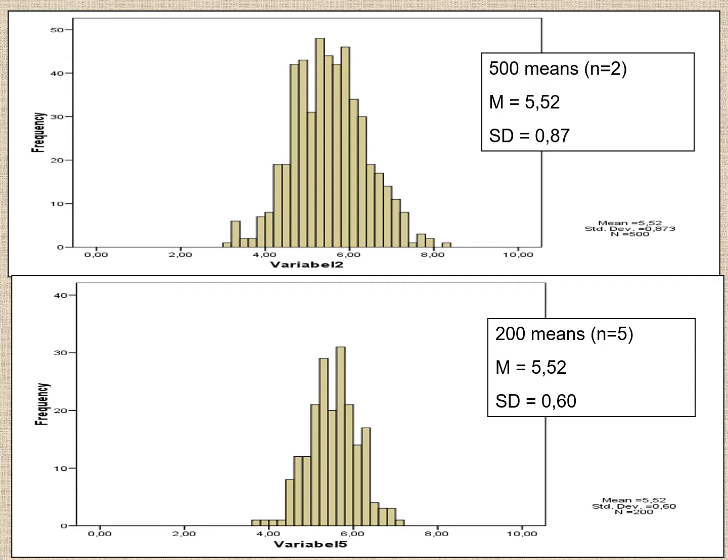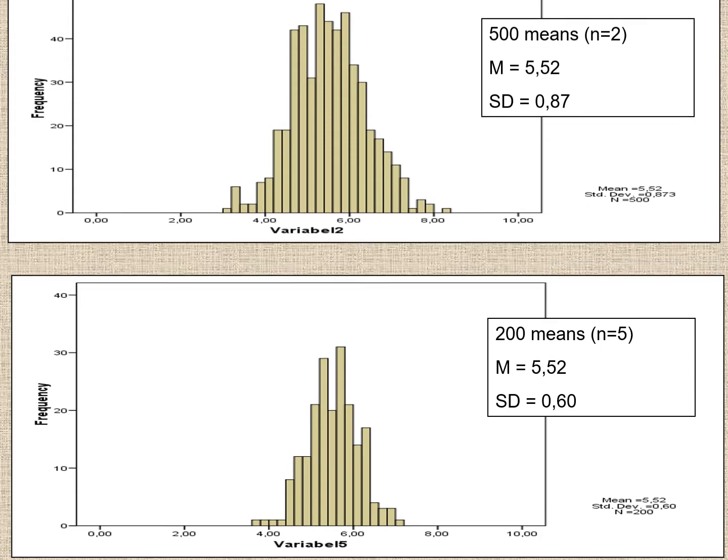And what do we see here? Well, the mean of those sample means is still the same as for the individual values, 5.52, but we get even larger shrinkage towards the mean. So we get an even peakier distribution with an even smaller standard deviation. In this case, the standard deviation of these 200 sample means is 0.6.